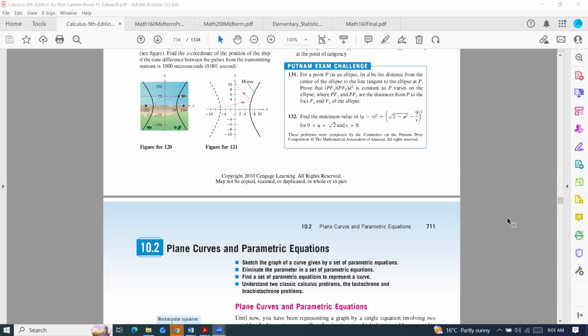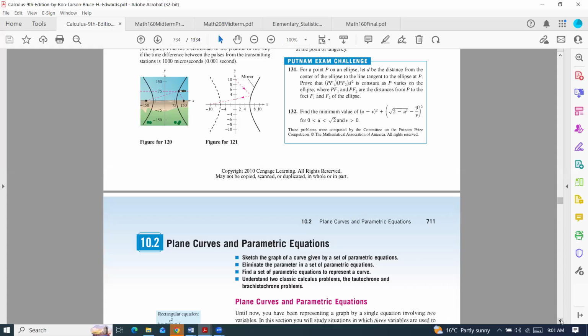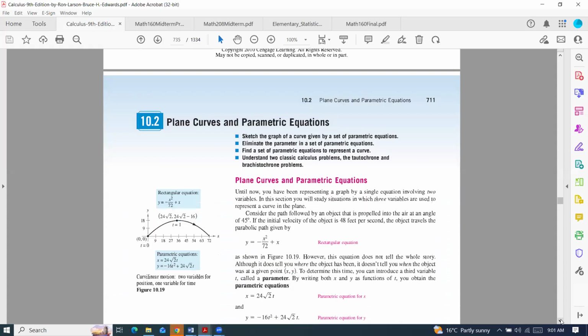So chapter 10, section 2, I think is a very interesting section because it enables us to use our machinery developed, such as derivatives and antiderivatives, on various curves in the plane, and we'll see examples.